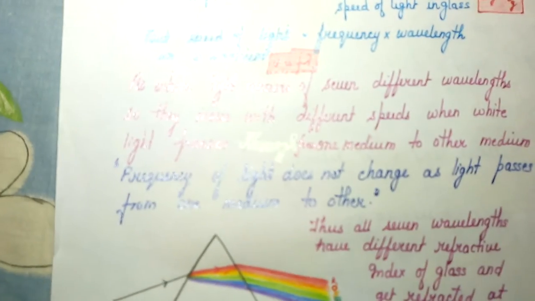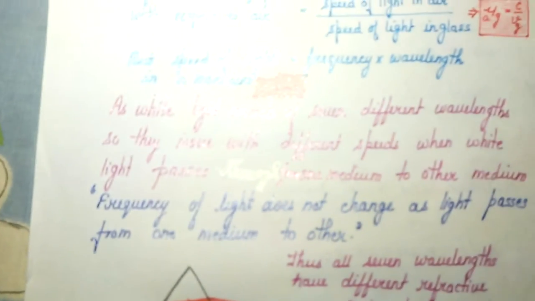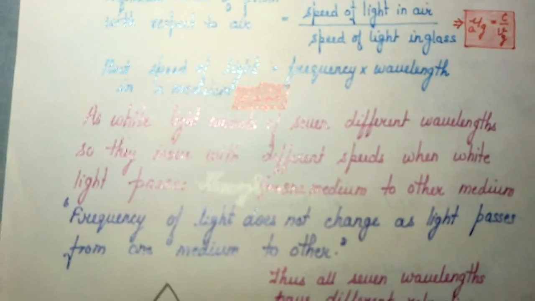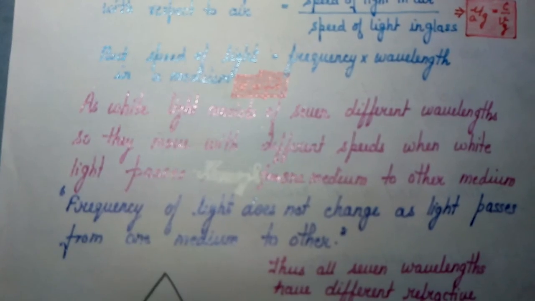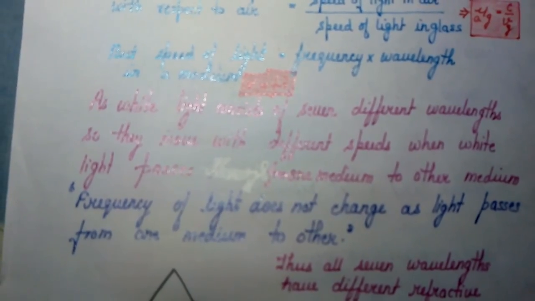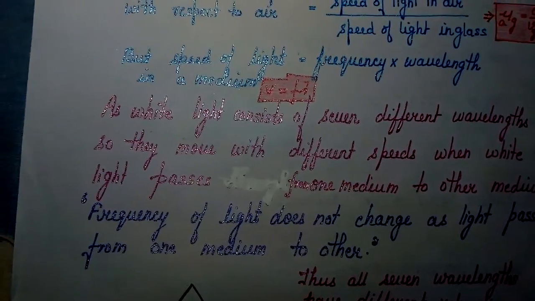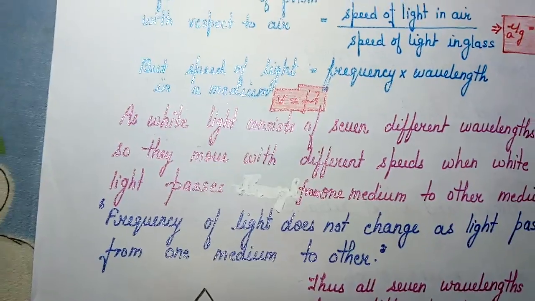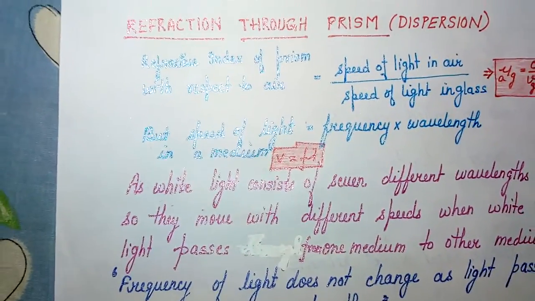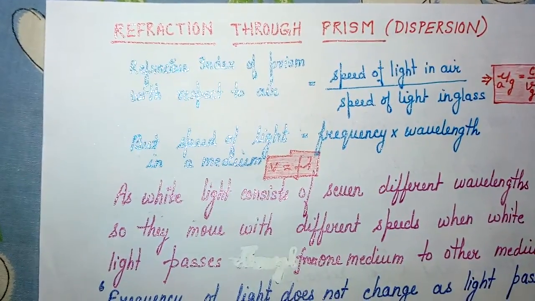Let me make it more visible. All right. Now what happens when light passes from one medium to other? It bends from its path.